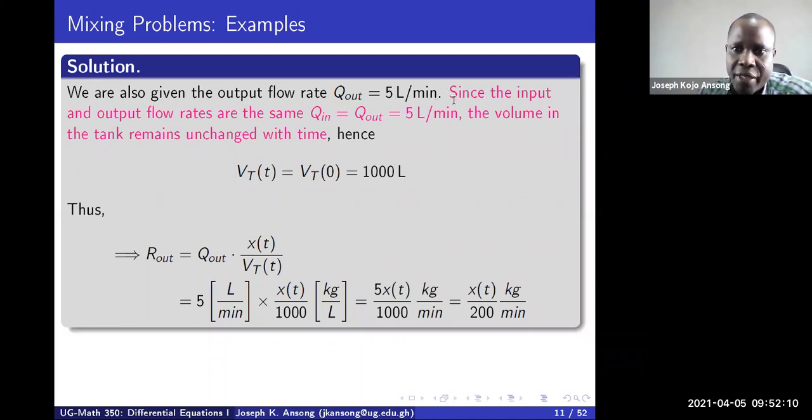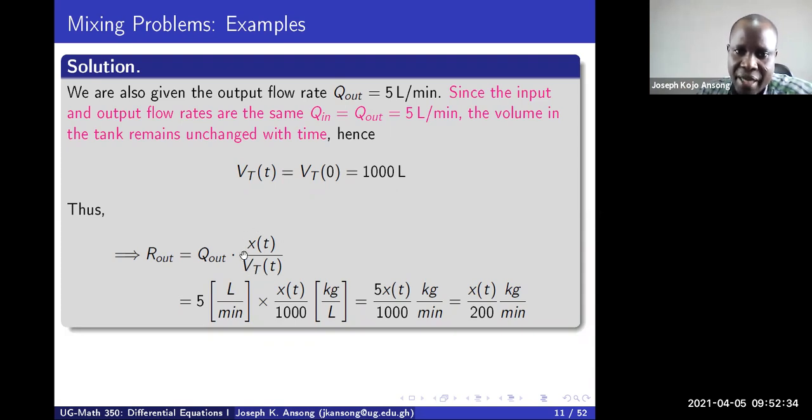This is important: since the input and output flow rates are the same, the volume in the tank remains unchanged. It doesn't change with time. So the volume at each time is the same as the volume initially, when T is 0, and that is 1,000 liters. My R out, the output rate, will be Q out multiplied by C out.